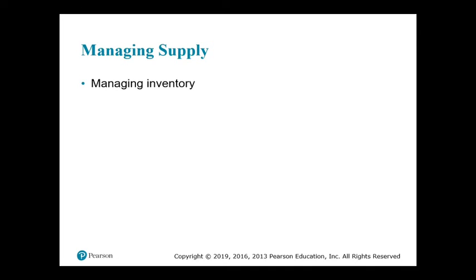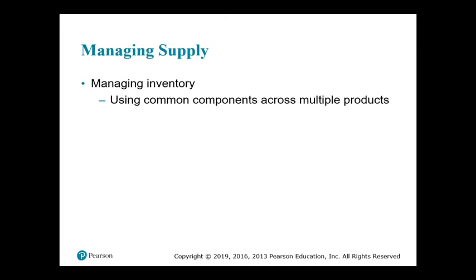So in terms of managing inventory, one very popular approach is to use common components. This is the idea of variability pooling. If we have demands that are independent or negatively correlated with each other, then adding their demand together can cancel out the variability.